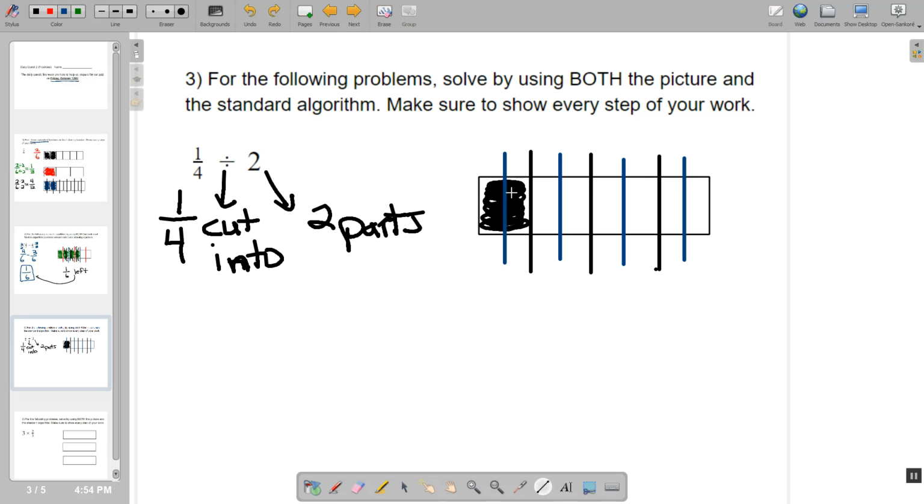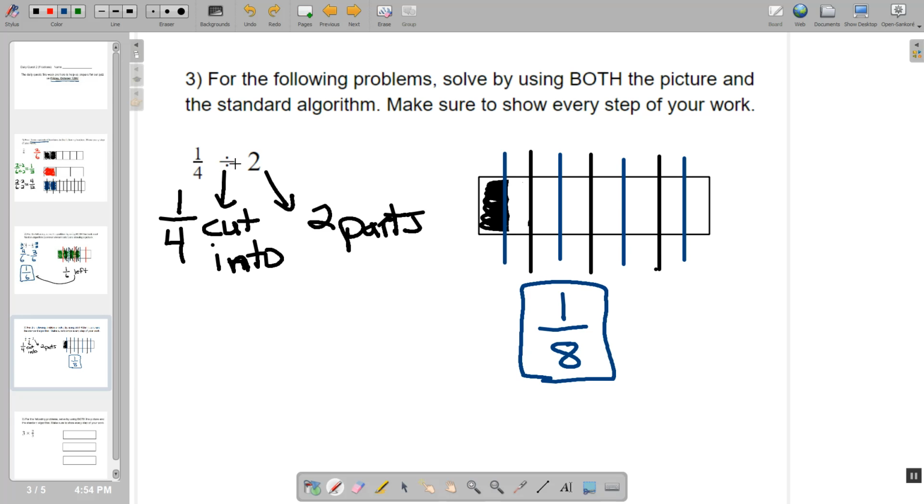And now I have to get rid of one of these 2 parts. So I'll erase this one right here. My pen does not want to do this. Oh, there we go. All right. And so now I am left with 1 out of, and there's 1, 2, 3, 4, 5, 6, 7, 8 total pieces. And that is my answer.